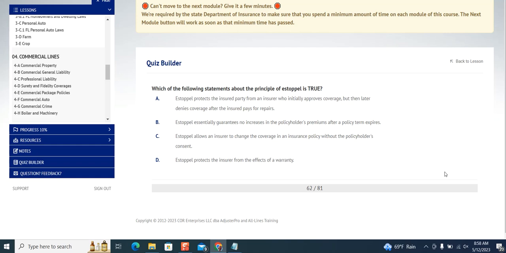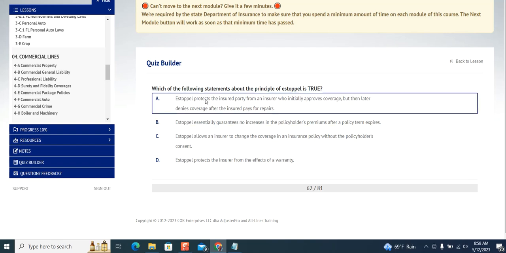Which of the following statements about the principle of estoppel is true? What the world? What is that? Protects the insured party from an insurer who initially approves coverage.